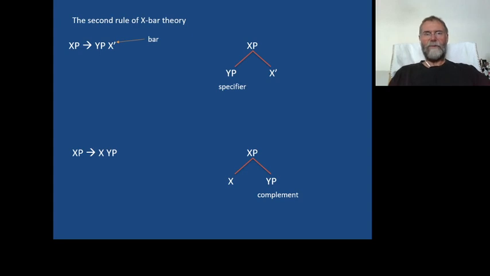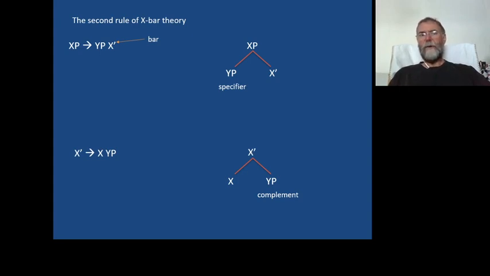And of course, before introducing the bar notion, I couldn't really tell you the truth of this. Actually then, the proper version of the first rule looks like this. It says that an X bar is made up of the head followed by the complement.